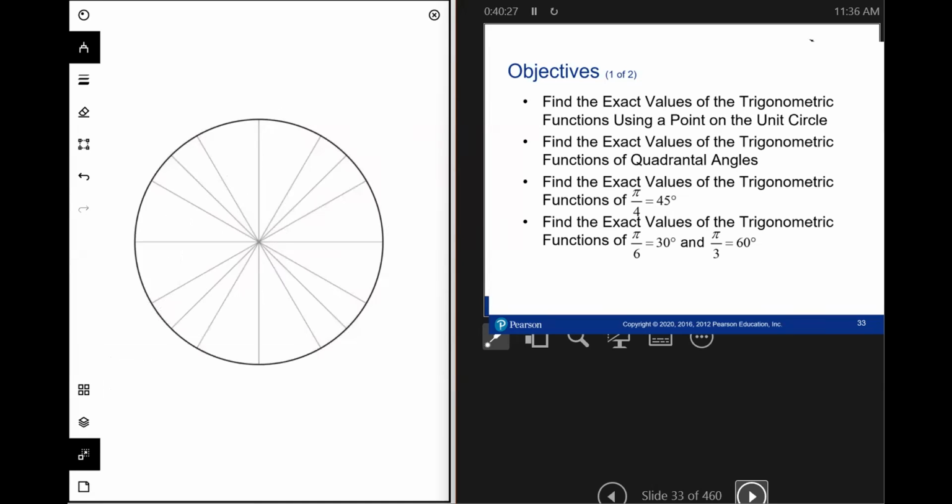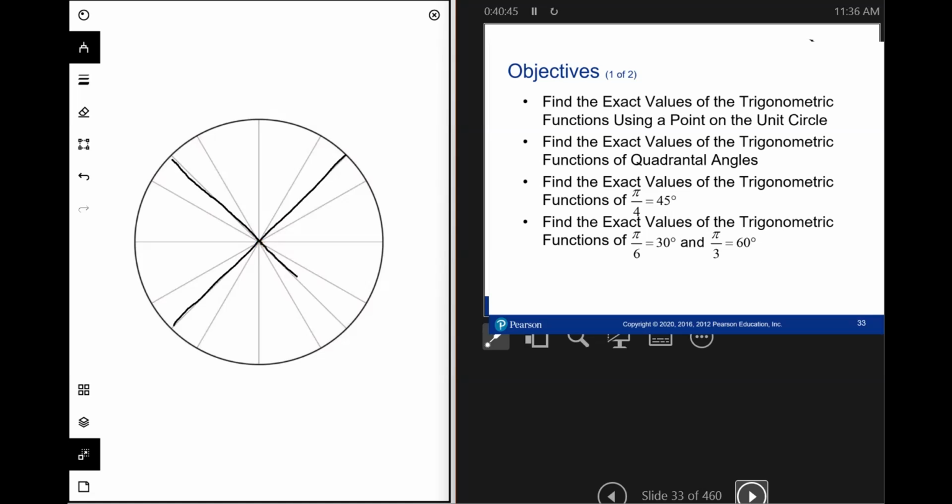So the 45-degree angles, this is the 45, half of 90, so it's half that angle. And here's another 45-degree angle. I call these the 45-degree angles.